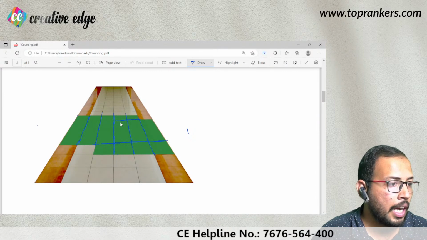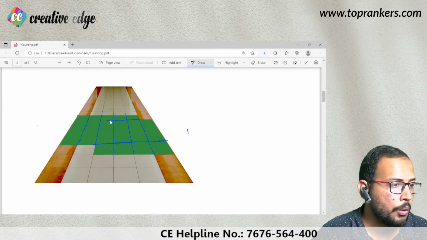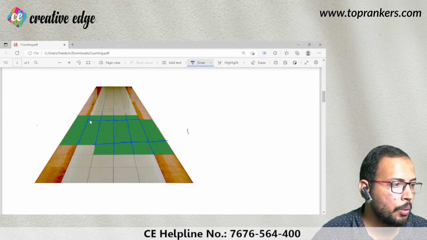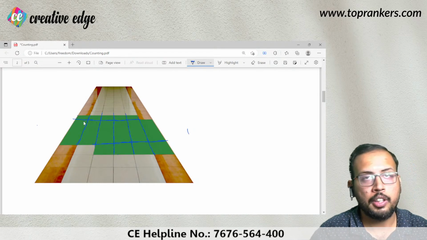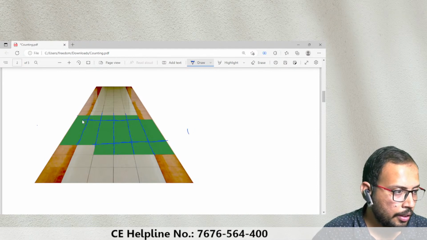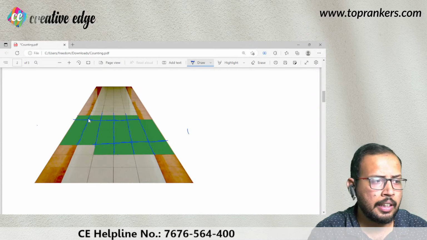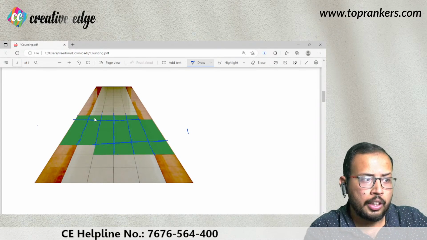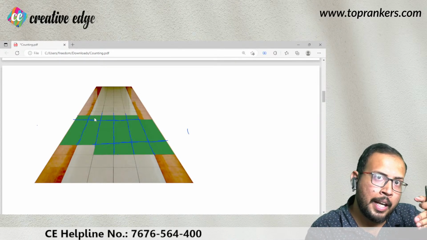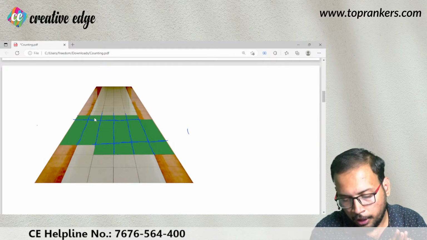I hope the idea is clear to each and every student who has joined us in this session. We have drawn the obvious lines, that is, along the lines made by the tiles. I hope it is clear to everyone.